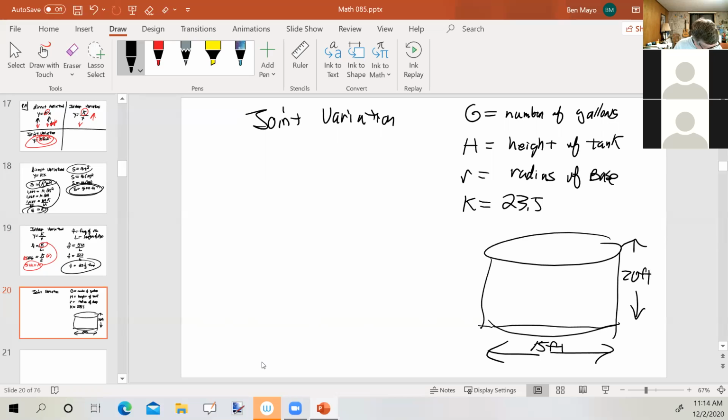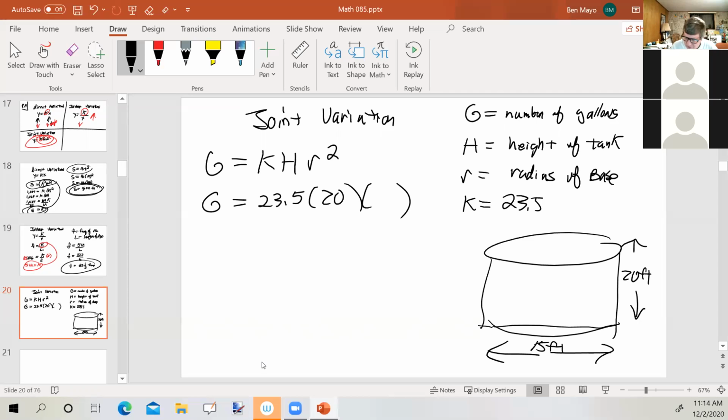So it says the number of gallons, G, varies jointly. So k is there as the height, H, and the square of the radius. So G equals kHR squared. They tell us k is 23.5. The height would be 20 feet. Careful, what's the radius?